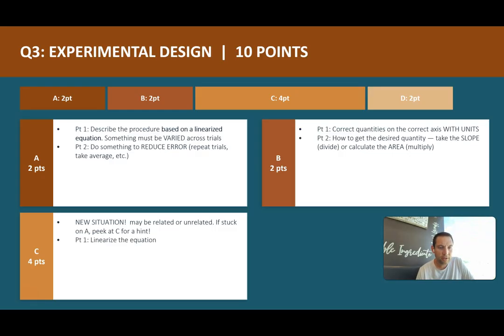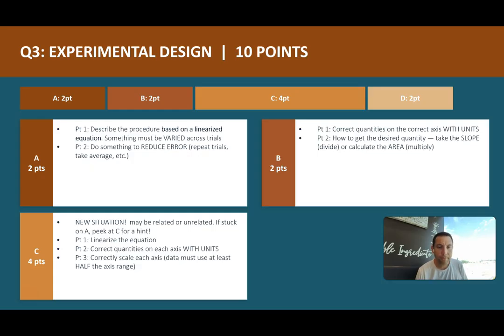Those sorts of hints are what I'm thinking about. All right, so the first point, you need to linearize the equation and say which quantities go on each axis. Sometimes you'll have the y-axis already given to you, so it's already telling you how to set up your equation. Sometimes the x-axis will be given to you. Sometimes no axis will be given to you. Whatever it is, just make sure you label the axes and you have units.